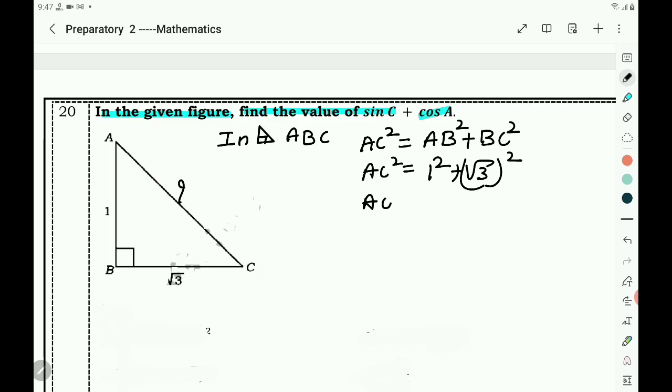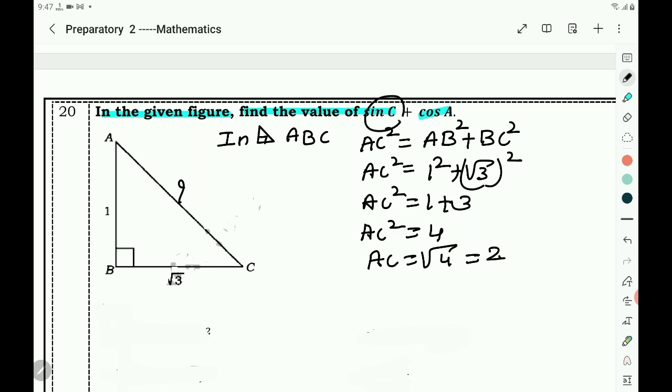Then AC square equals 1 plus 3. 1 square is 1. Root 3 square is 3. Then AC square equals 1 plus 3 is 4. AC equals root 4, which is equals to 2, because it is a measurement. We have to consider only positive root.